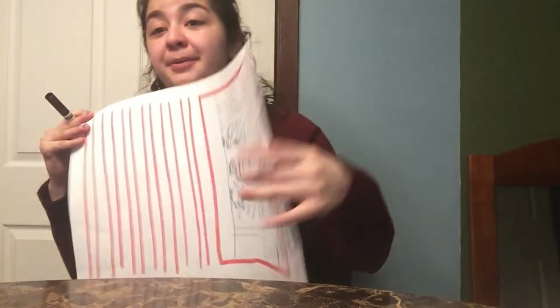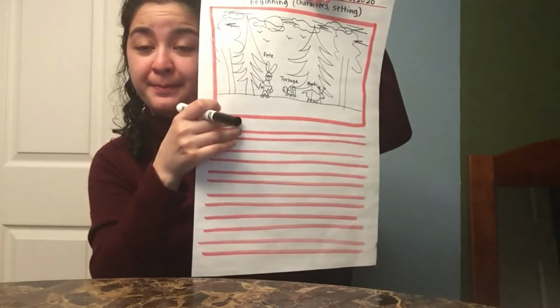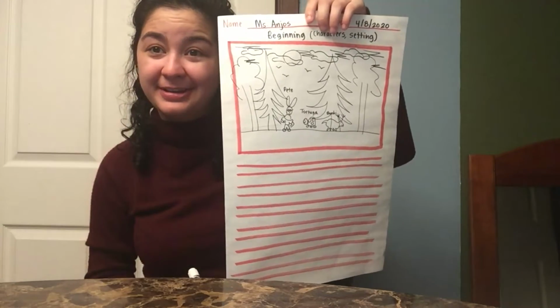All right, starting with our beginning, you want to describe your character and your setting. You want to make sure your reader understands exactly what your story is going to be about. So come on, let's get started. All right, I want to make very clear that I'm going to be showing you how to use your story map to help you write out your beginning page.